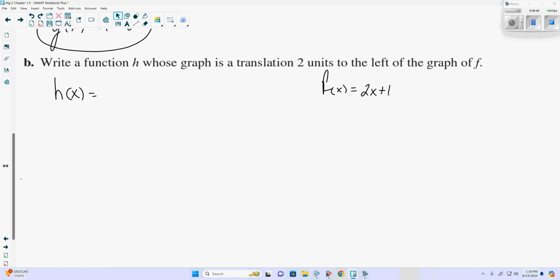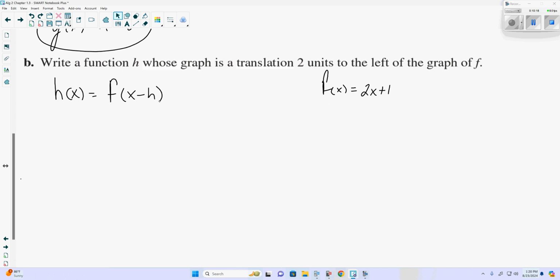So this time we're talking about a horizontal left-right movement. Our general form for horizontal is f of x minus h. So here we can say h of x is equal to f of x minus h. And we'll use this x minus h to apply this horizontal translation, this movement left or right.